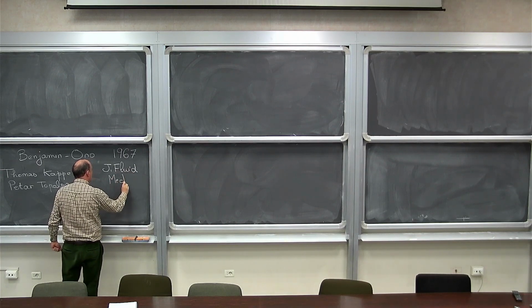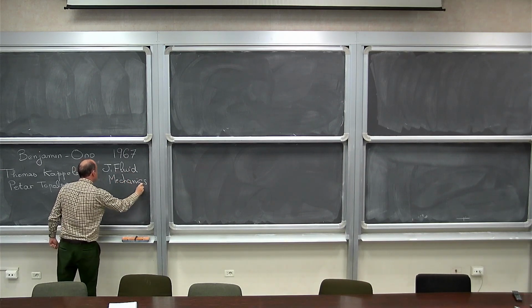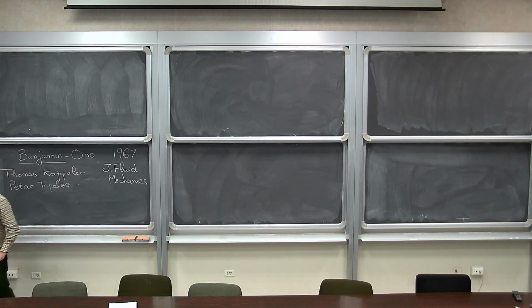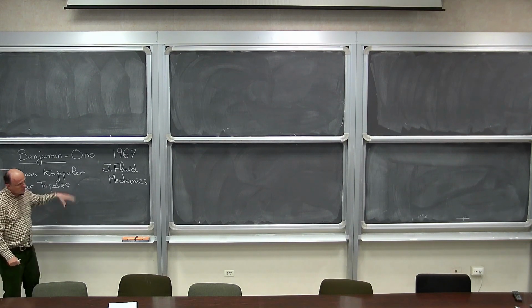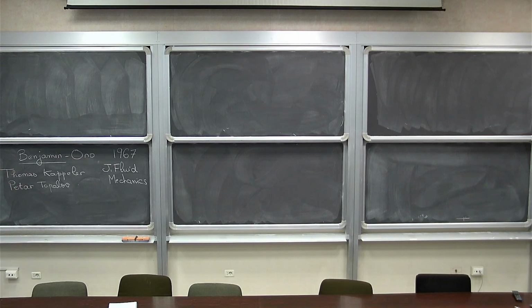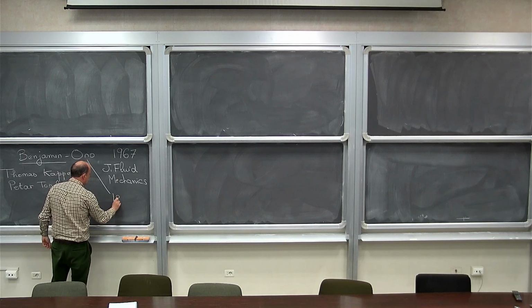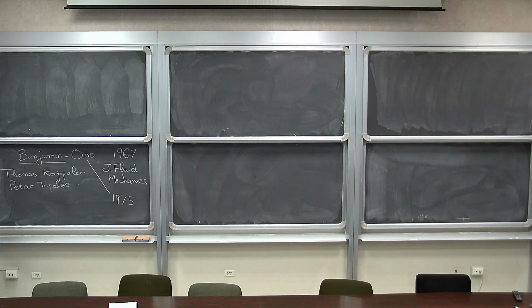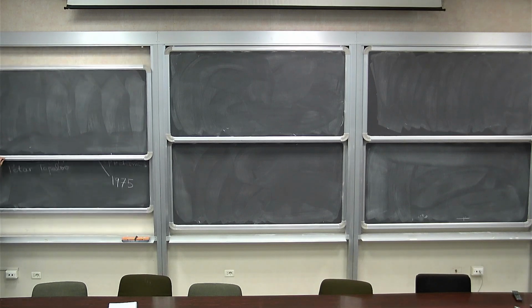Ono is a theoretical physicist from Japan who studied this equation and gave more information about it a little further, in 1975. Okay, so what is it about?